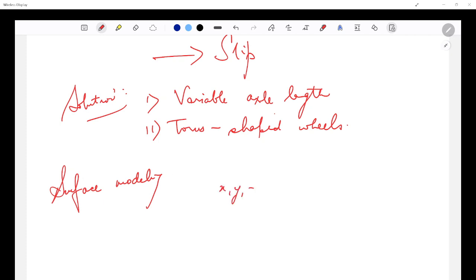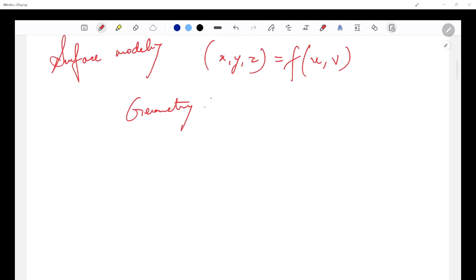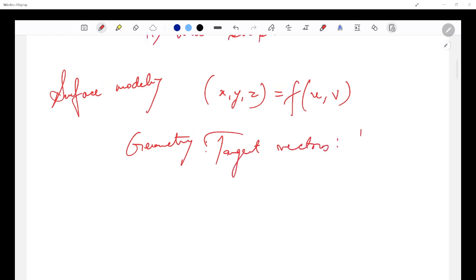X, Y, Z is a function of u comma v. So in geometry, there are tangent vectors. And what would they be? They would be Fu and Fv, right?